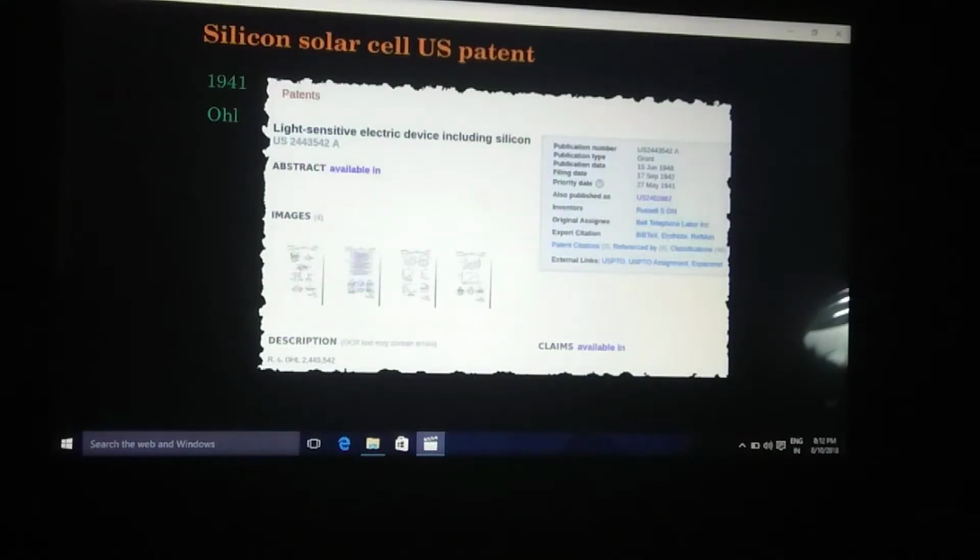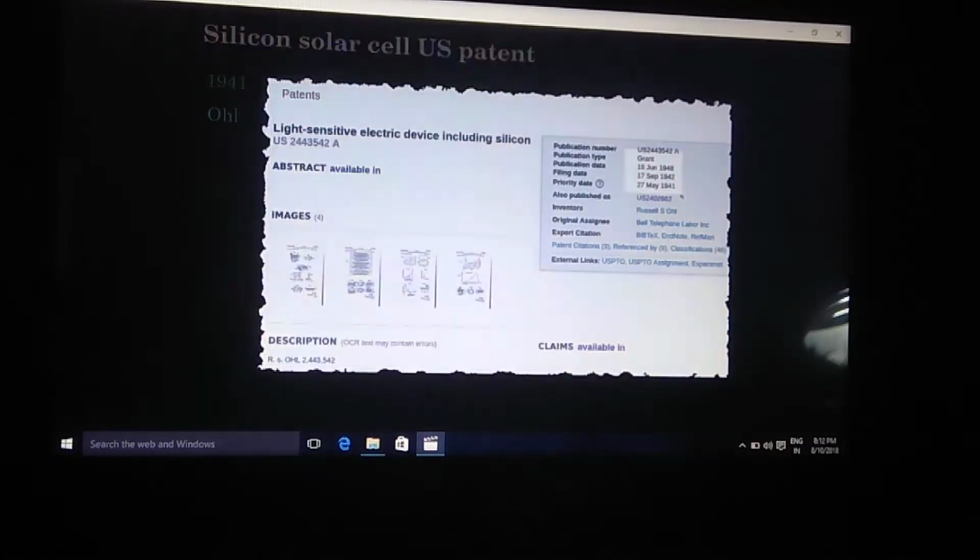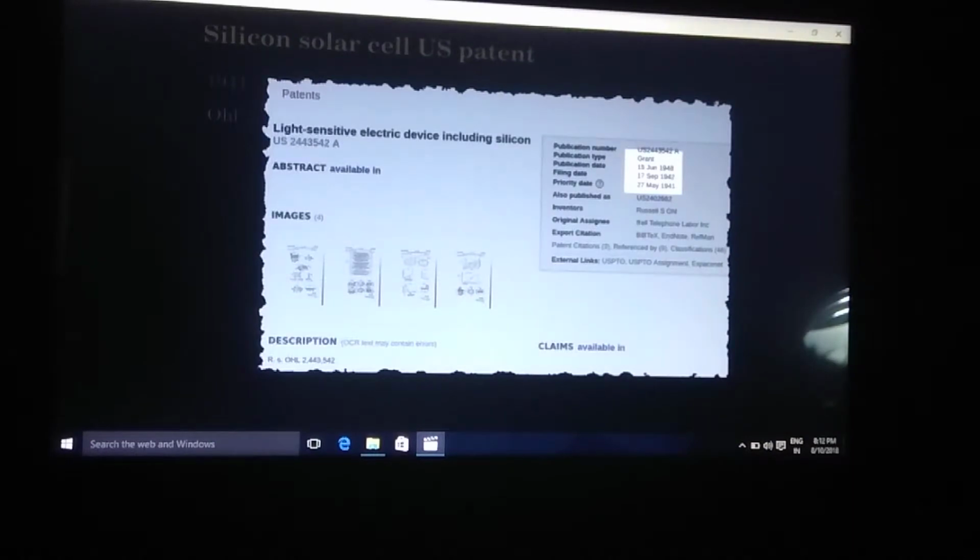Then later in 1941, Wolf made the first patent for a silicon solar cell. The silicon solar US patent was made in 1941. So it was a light sensitive electric device including silicon.